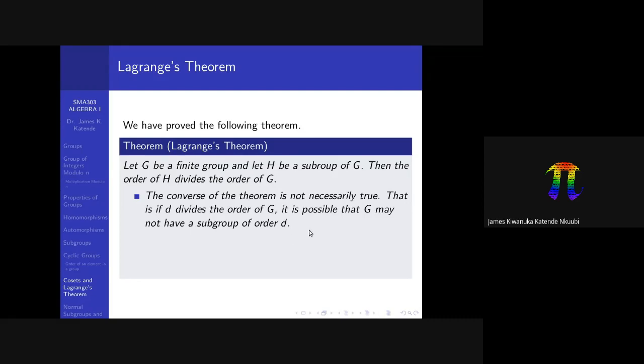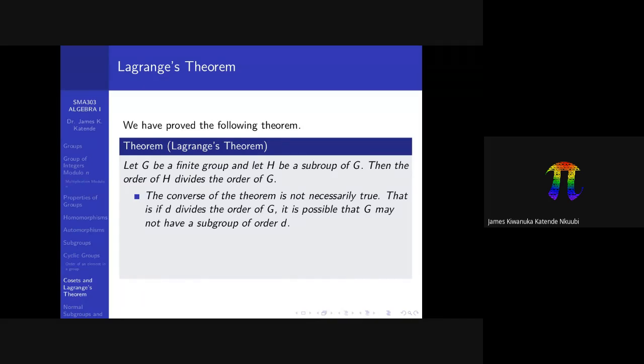It's not guaranteed that you must have a subgroup with 6 elements. It's possible to have a group with 12 elements which does not have a subgroup with 6 elements. We shall see examples of that later when we cover the symmetric group. So just being a factor is not sufficient, but it's necessary.